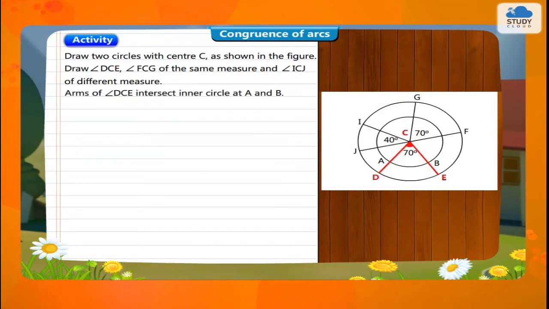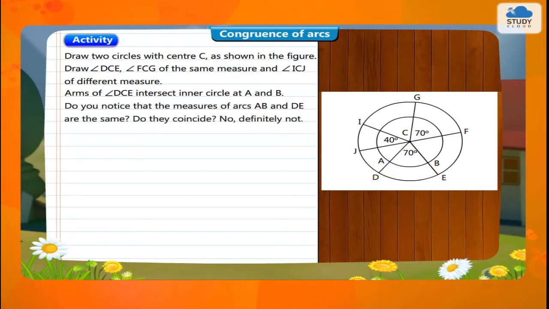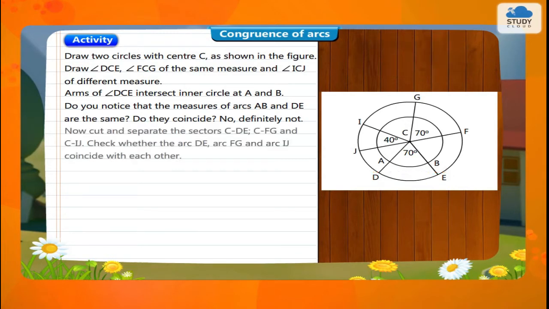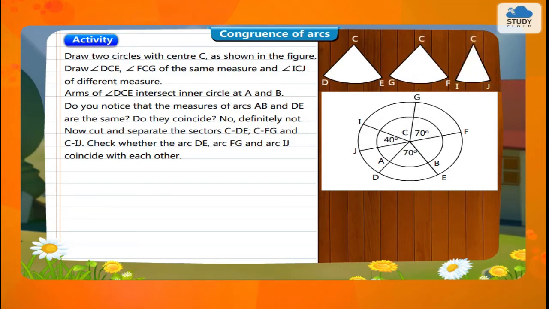Arms of angle DCE intersect the circle at A and B. Do you notice that the measures of arcs AB and DE are the same? Do they coincide? No, definitely not. Now cut and separate the sectors CDE, CFG and CIJ.